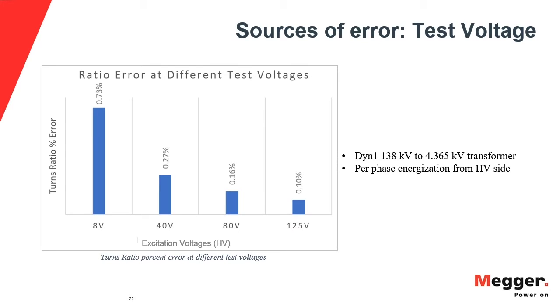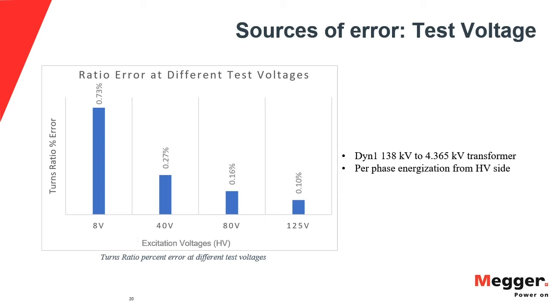So let's look at some actual examples of these factors, right? These different choices that we can make when running the test. On this example that I'm showing you right now, a DYN1 transformer, 138 kV on the high side, 4.365 on the low side, and running several different measurements starting at 8 volts as the excitation voltage, right? We're running the test first at 8 volts.